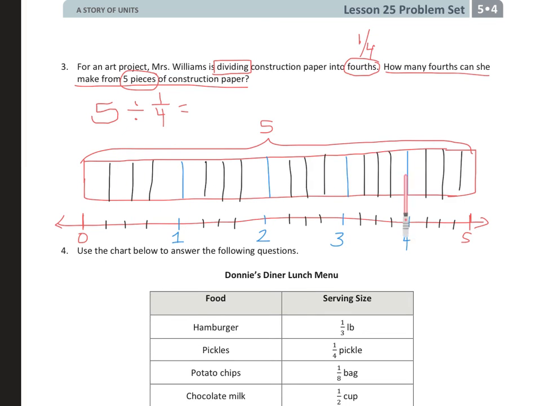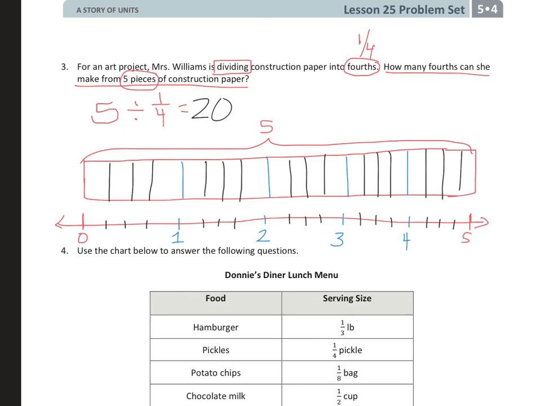And if you have 4 whole construction papers, there's 16 fourths or 16 pieces. So 5 pieces of whole construction paper, when you break them all up into fourths, will give you 20 pieces or 20 fourths. So there's our answer right there. 20 is our answer. We'll get 20 pieces.